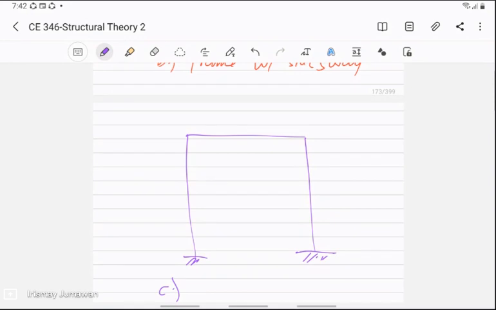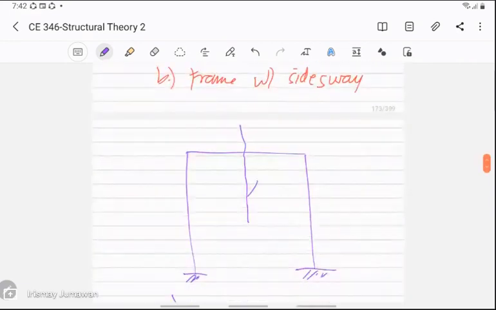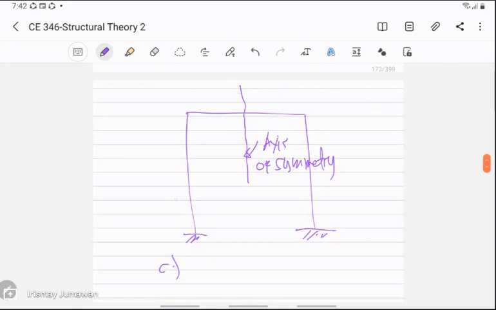So there is no translation of the joint if the loading of that frame is located at the axis of symmetry. For example, if this is the axis of symmetry, okay, that is the axis of symmetry, your frame can be analyzed with no side sway.